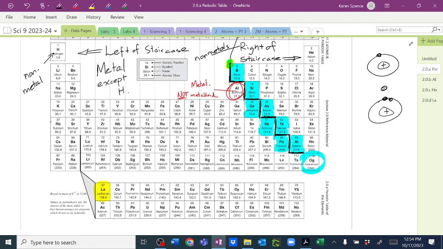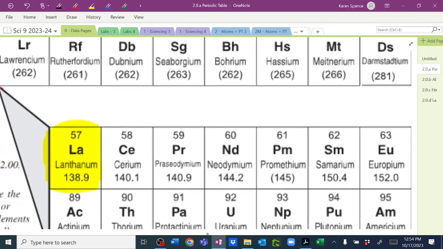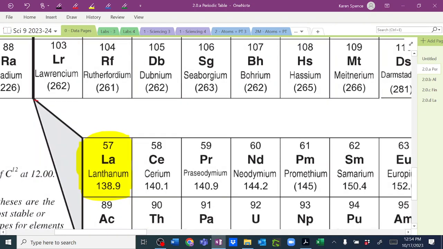I could be asking for what type of element. You can tell me anything you want to about them. We take off the -ium, so we have lanthan-, those are our lanthanides.